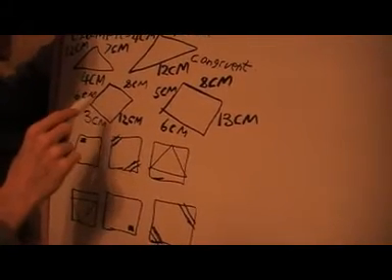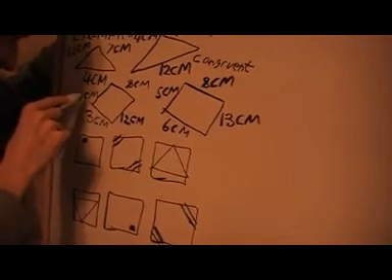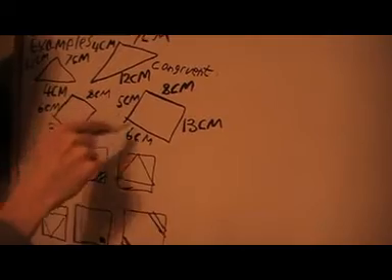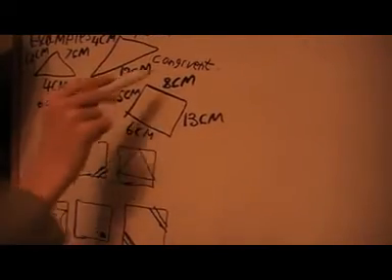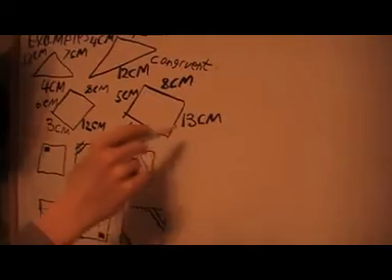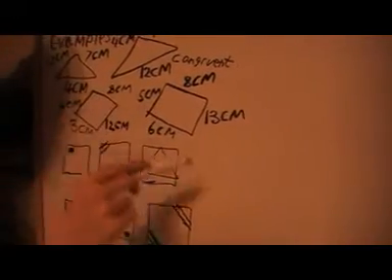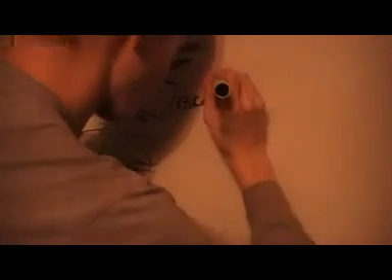But with this one, we've noticed we've got lengths of 6, 8, 12 and 3, and on this one we've got 5, 8, 6 and 13. So whether we rotate them or not, two sides are different, so these two shapes are not congruent.